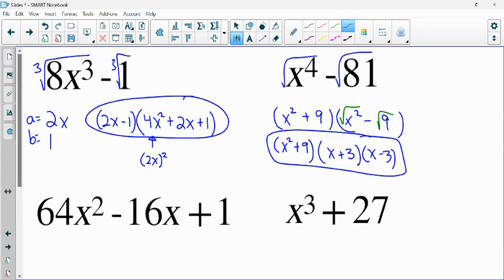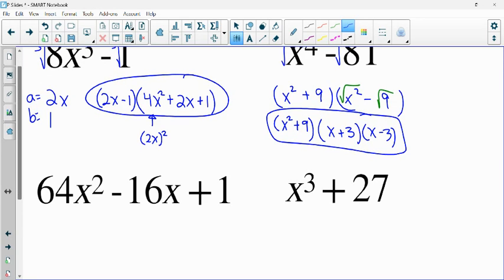All right, so the next one, a lot of people did slide divide bottoms up with, and that's fine because you'd get the right answer. But this is also one of those special products where this is the perfect square trinomial, because the first term's a perfect square and the last term's a perfect square.